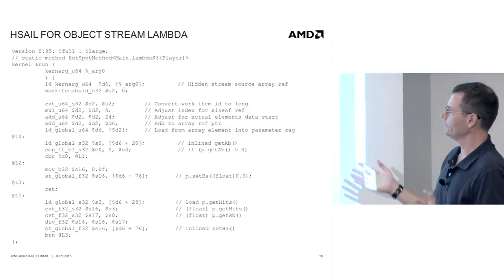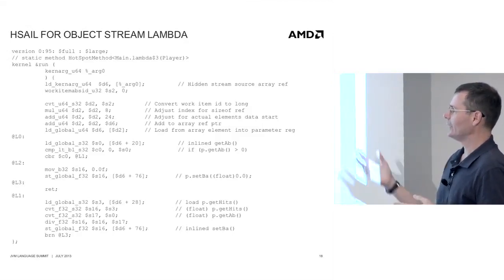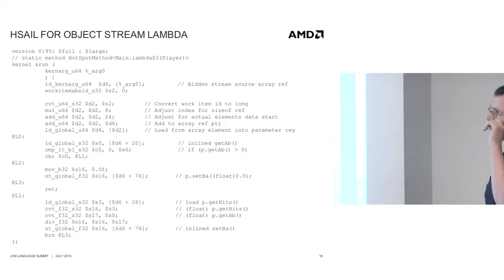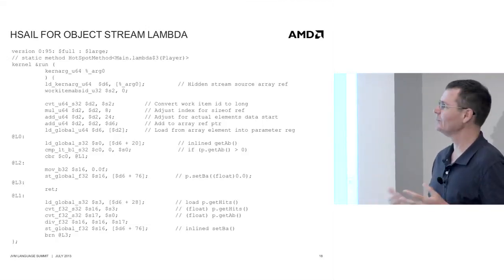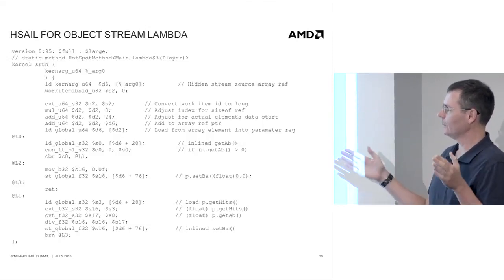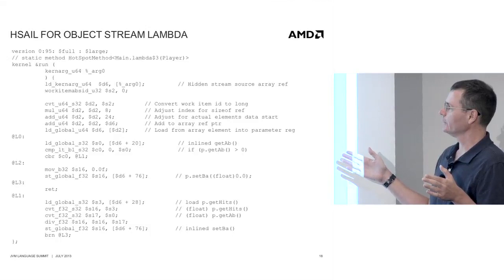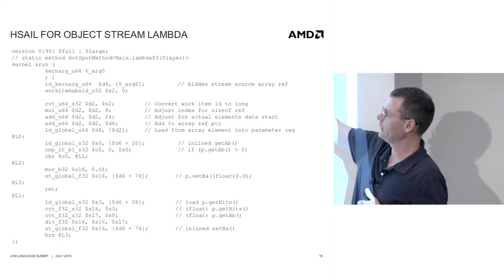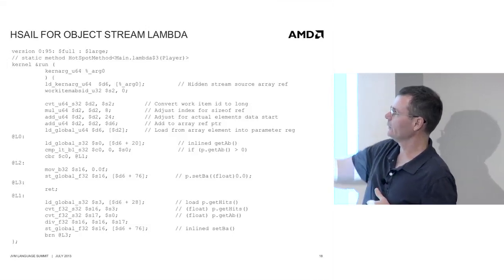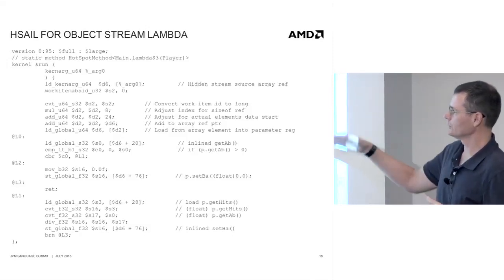I was downloading baseball stats from the web to make this example, and about 700 players come to bat in any baseball season. So my range has a workload of 700 players, each one will use the work item ID to get the index into the array, and each stream core just does one player.